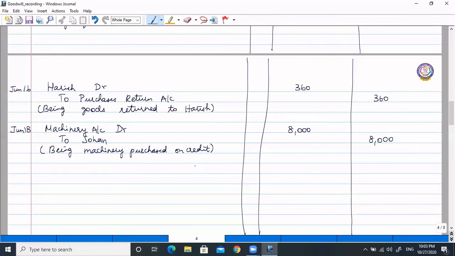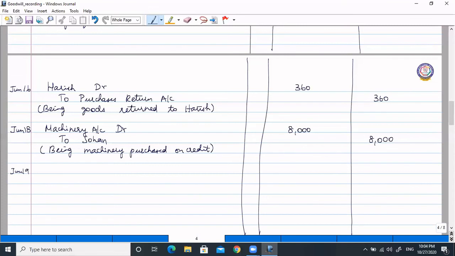Next, on June 19th, paid to Harish on account. June 19th, we have paid amount to Harish. Okay. We are supposed to pay Harish 10,000 and here we are paying only 5,000. So Harish is the creditor account. We are decreasing. Here we are paying 5,000 to Harish. So our creditor account is decreasing here.